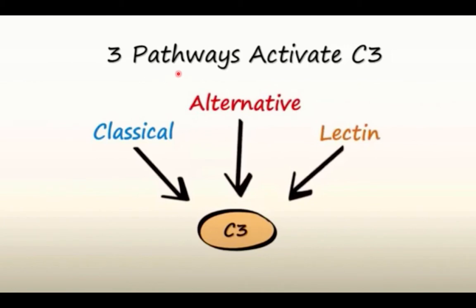So we have three pathways for activation of the complement system that all end by activation of C3, one of the plasma protein components of the complement system. We can call it a common pathway for the complement system. These three pathways include the classical pathway, the first one to be discovered, the alternative pathway, the second one to be discovered, and the lectin pathway, which is the last one to be discovered.